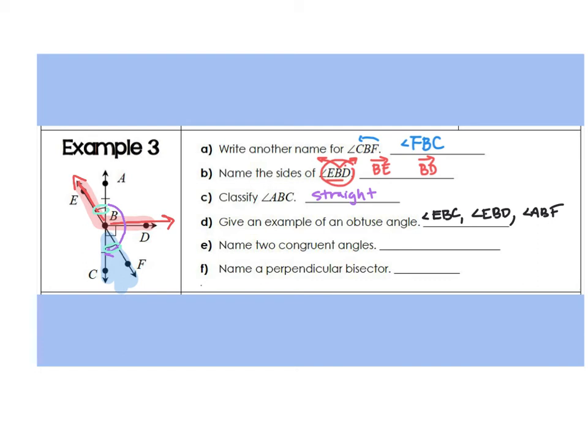But that lets you know that they measure exactly the same. So we know that angle ABE, and that's this one on top, is equal to angle CBF, the bottom one. All right.